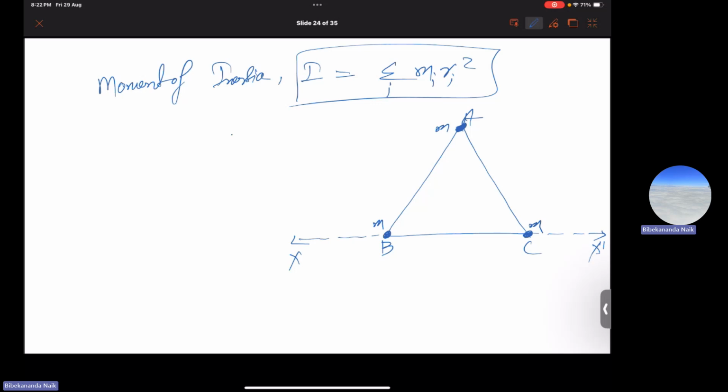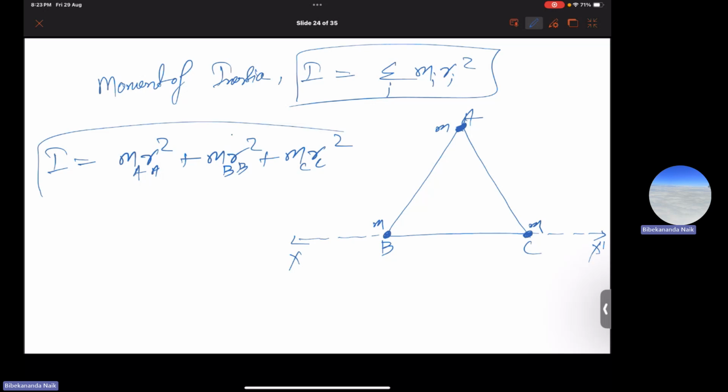Now what will be the moment of inertia of the system? I will be m at A, r_a square, plus m at B, r_b square, plus m at C, r_c square.